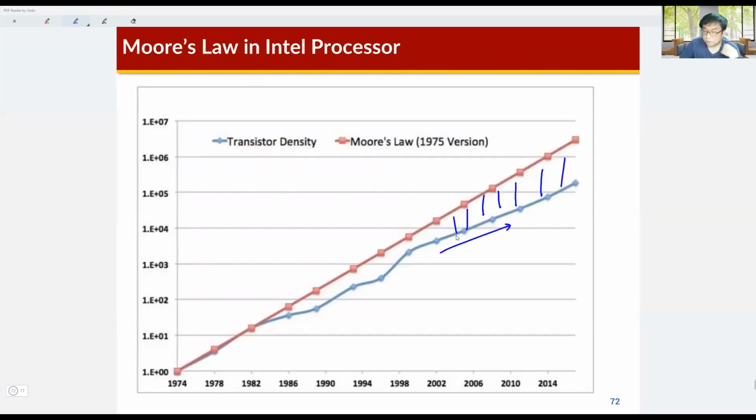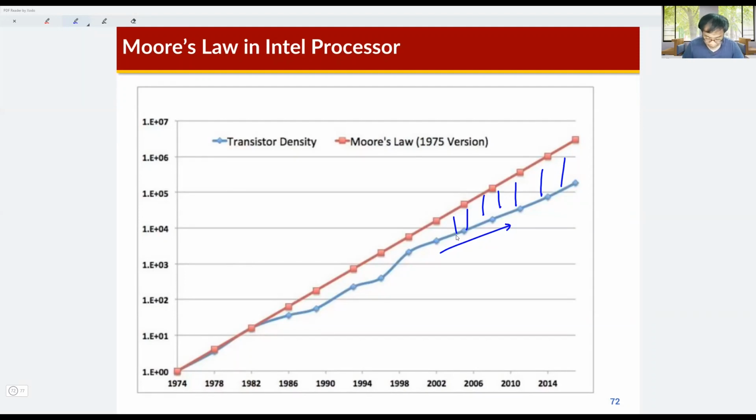I said we are facing the end of Moore's law. That means we cannot use better transistors. It's not easy. Moore's law represents the advance in semiconductor technology, and also the scaling down of the CMOS transistor.